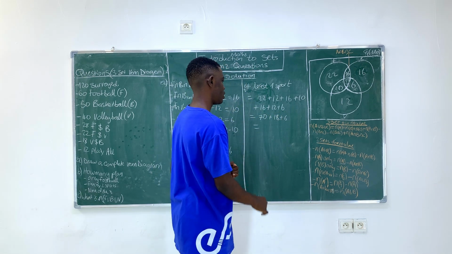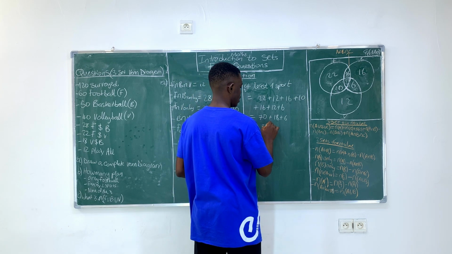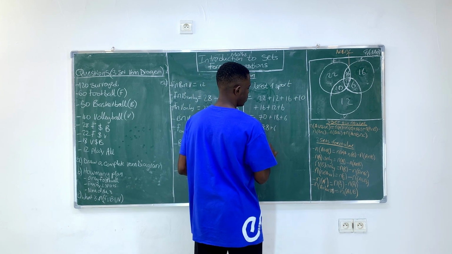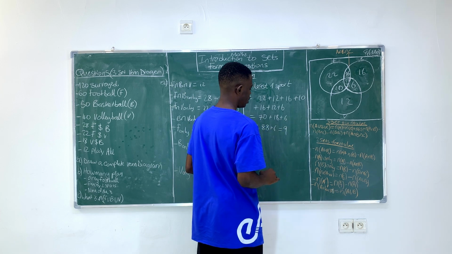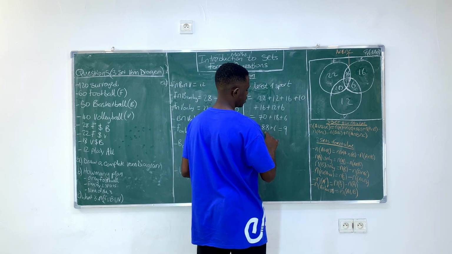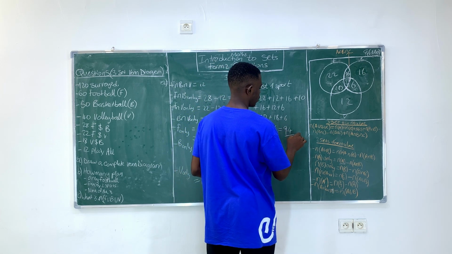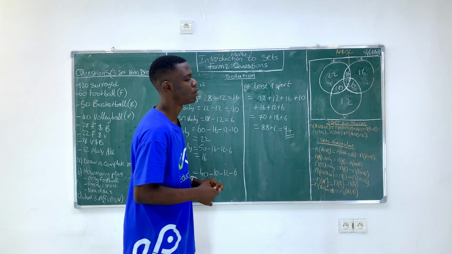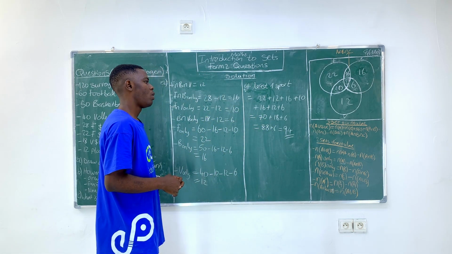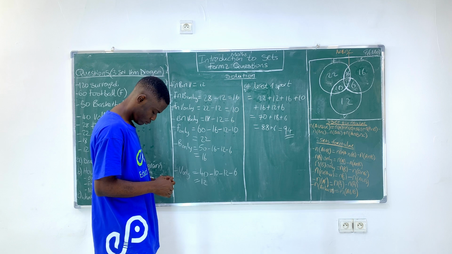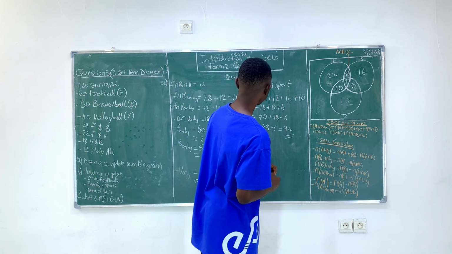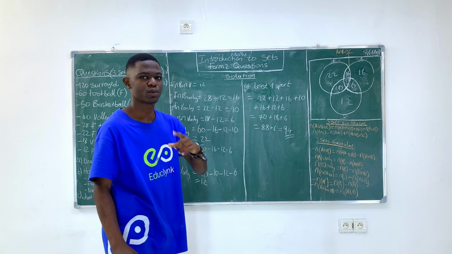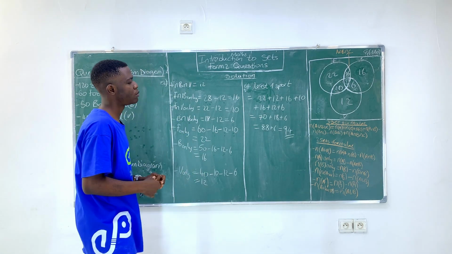What is that going to be? 80 plus 6... so that's 94. So there are 94 people that do at least one sport. 94 of them do at least one sport.